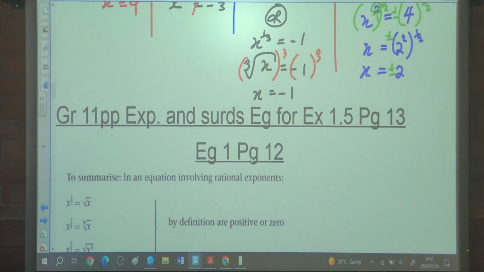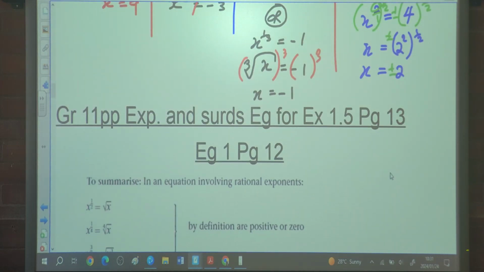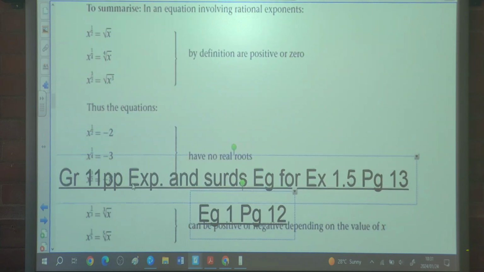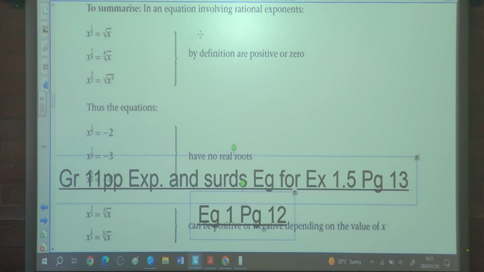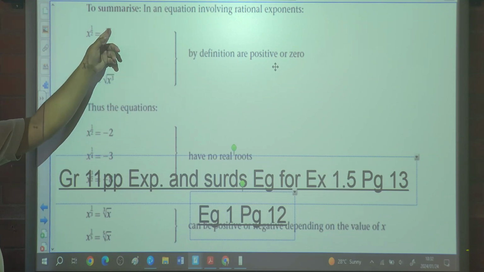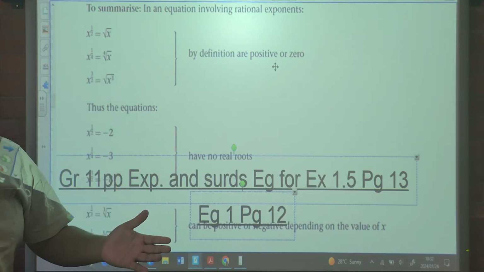So let's look at more sums involving this. Here we are told in summary, in an equation involving rational exponents, x to the half, x to the quarter, x to the 3/2, by definition are positive or zero. That's why we just said, if the denominator is even, this number must be positive. If it's not positive, it's not going to work.